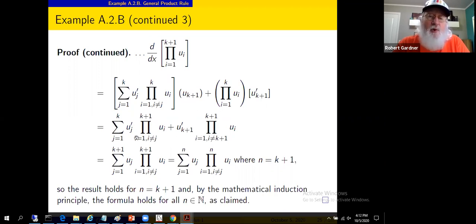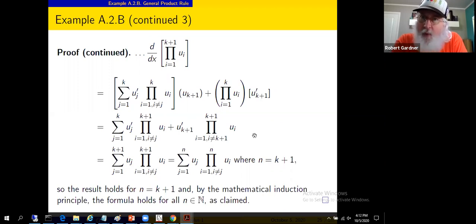In fact, if you were to let j be k plus 1 here, you'd get this. Okay, well then let's take this, throw it into that sum, up the upper bound by 1 to k plus 1, and when j equals k plus 1, the top of the upper bound in this summation, that'll produce exactly this new term. So we've taken this term and absorbed it into the summation.